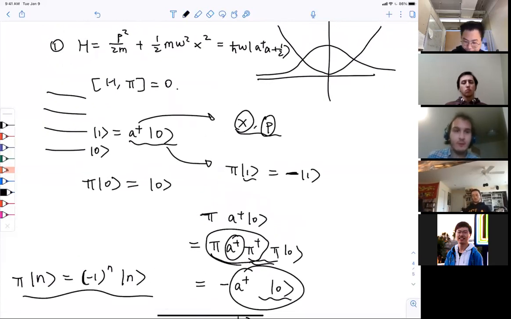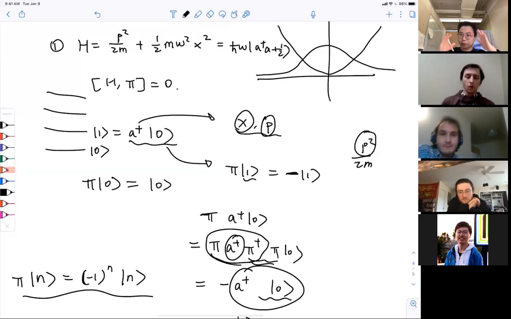Is there a good way of knowing, without actually solving the differential equation, that 0 is an even parity state? Is that generally true? Yeah, I guess for most conventional potentials, not some exotic potential, it's always true. Because the ground state always wants to avoid a sharp change in the wave function, since there's a p squared over m, which is a spatial derivative.